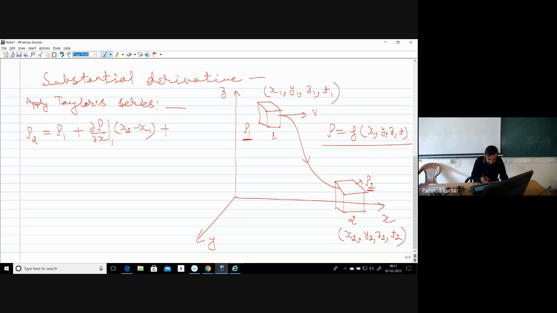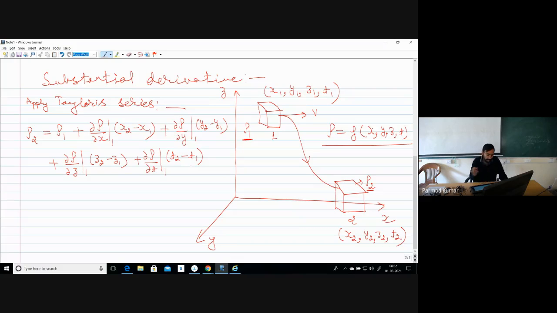Then, because I have dependence on y also, and y is also changing while the location shifts from 1 to 2, I will have ∂ρ/∂y at point 1 into (y2 minus y1), plus ∂ρ/∂z at point 1 into (z2 minus z1), plus ∂ρ/∂t at point 1 into (t2 minus t1).